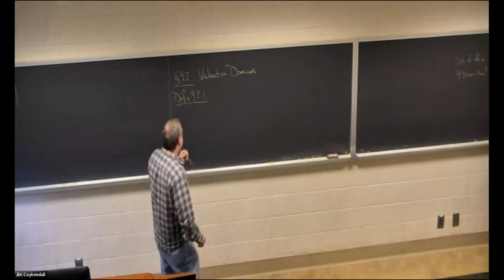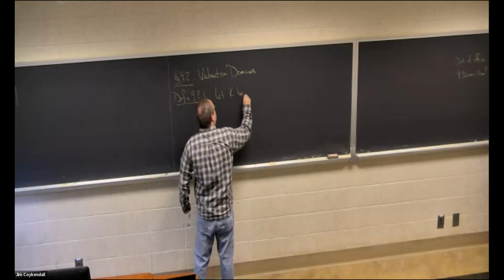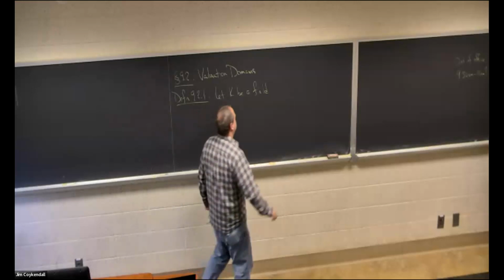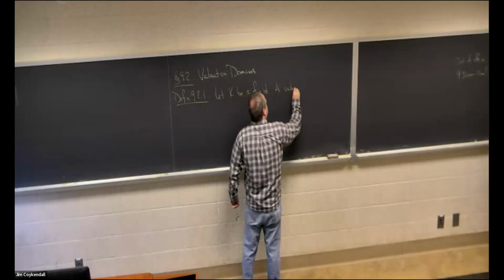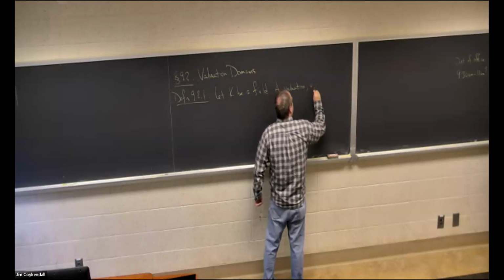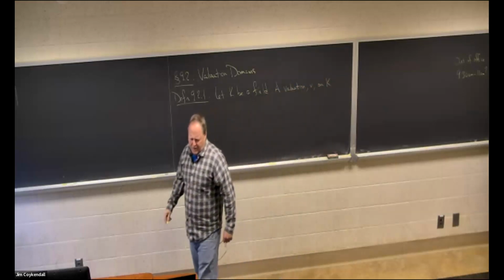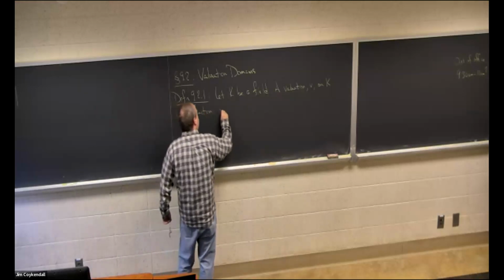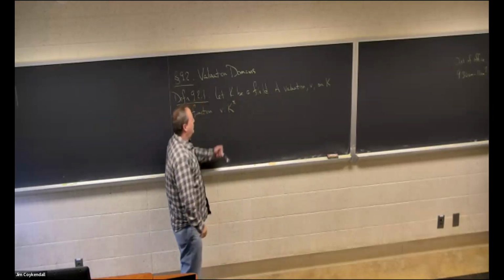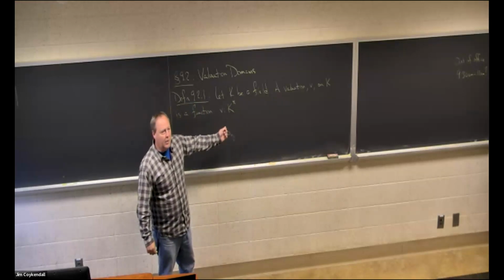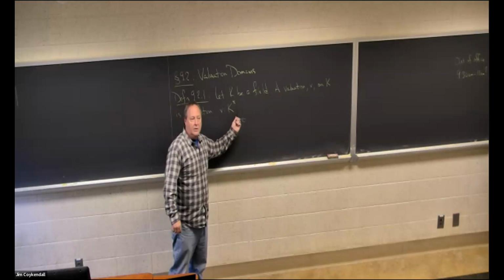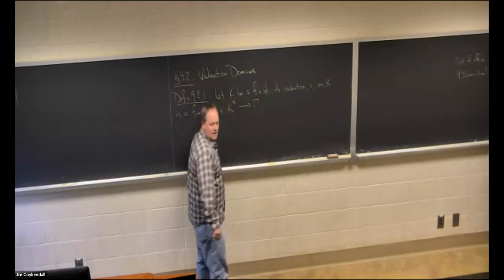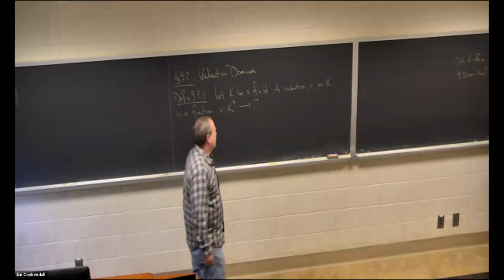Let K be a field. A valuation V on K is a function V from K star, where when I say K star, what I mean are the non-zero elements of K. So K star, I'm really thinking of as a multiplicative group here, to Gamma, where Gamma is a totally ordered abelian group.